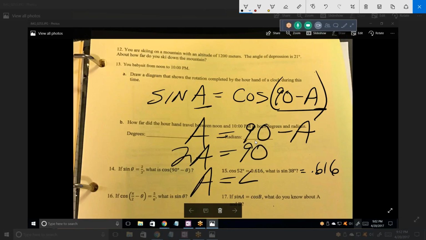A has to be 45 degrees. So it's not just that they're equal to one another, it's that they're equal to 45 degrees.